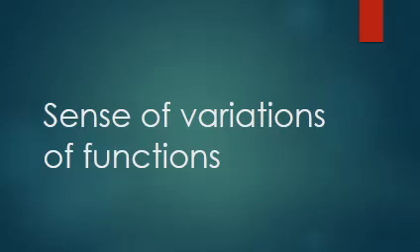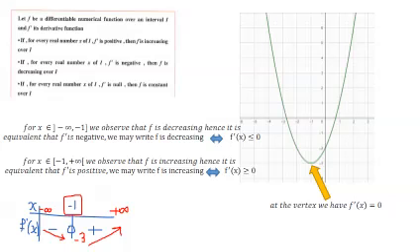Okay, so our lesson will be about the sense of variation of a function. First of all, look at this figure. As you can see on the graph, this graph is decreasing from minus infinity to a certain point, then it increases to plus infinity.